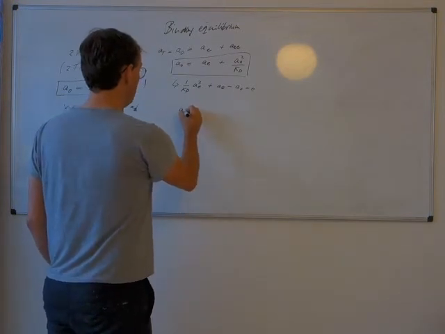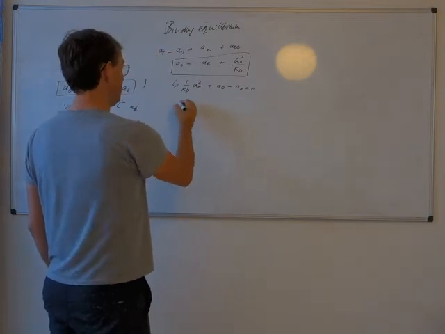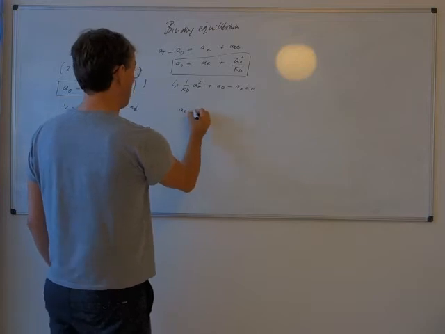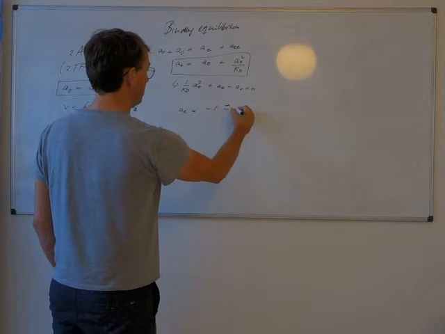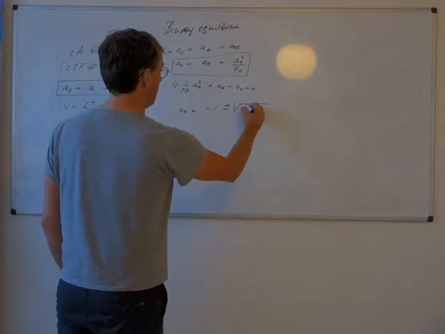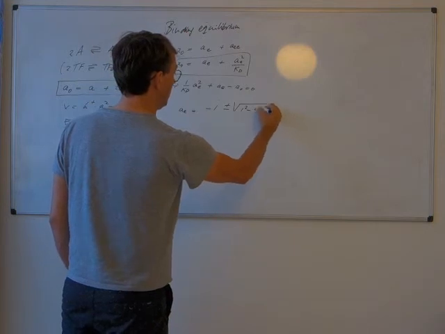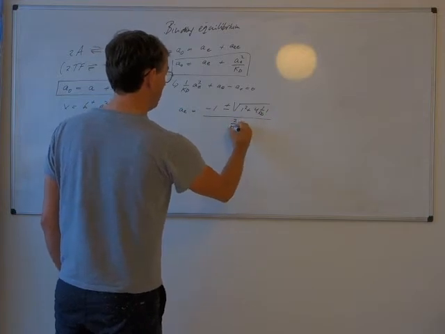So the solution of AE now, there will be two solutions. So let's say there's an AE solution. One of them is going to be minus 1 plus minus square root of 1 squared minus 4 times 1 over Kd times minus A0, all divided by 2 over Kd.